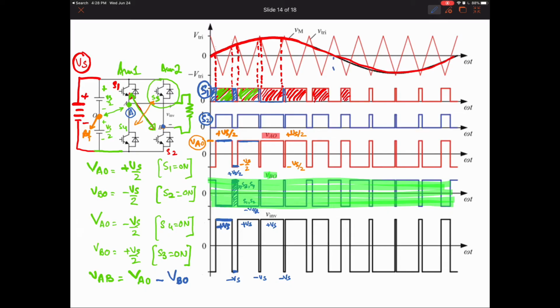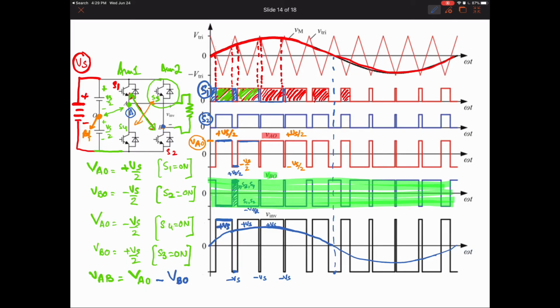It is varying in terms of area sinusoidally, but now we have explained the output voltage by using the concept of the pole voltages. What is pole voltage? Pole voltage is the voltage at the center point of the arm with respect to the fictitious center point of your source.